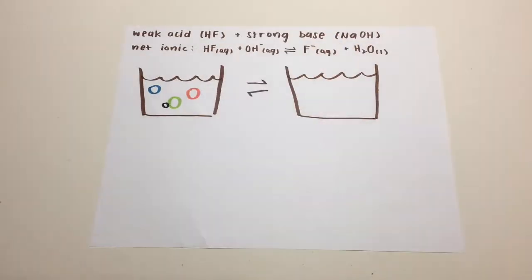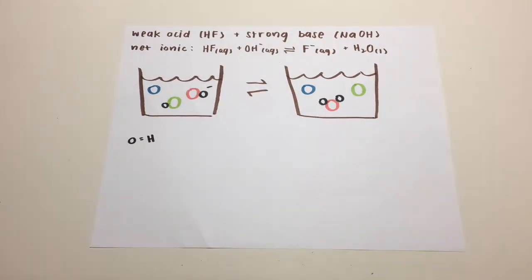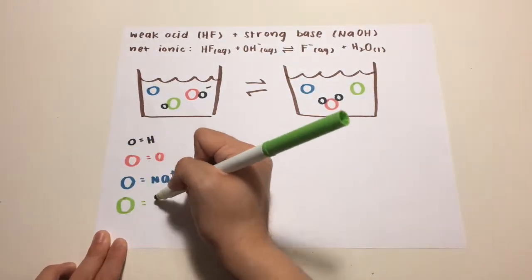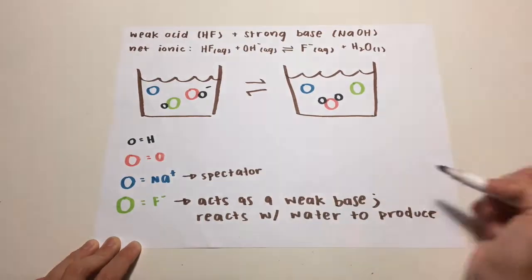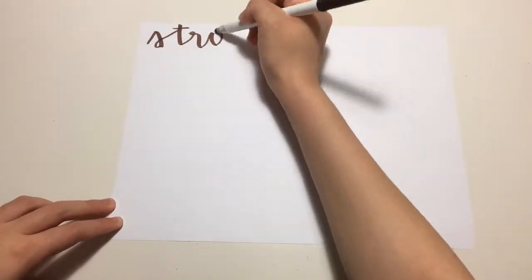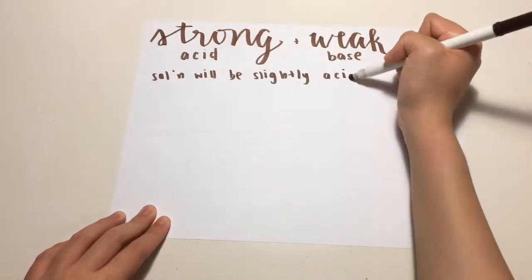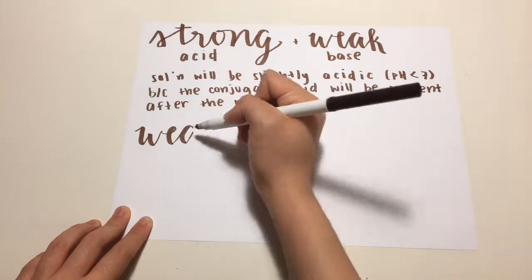The leftover fluoride ion, which is the conjugate base, will react with water and produce hydroxide ions, making the solution basic. Similarly, when a strong acid and weak base react, the pH of the solution will be slightly acidic due to the leftover conjugate acid reacting with water.